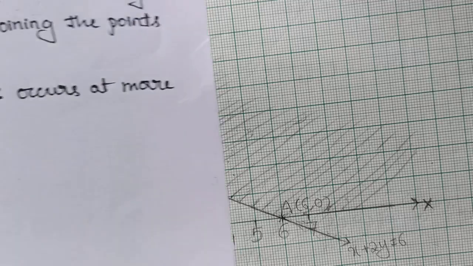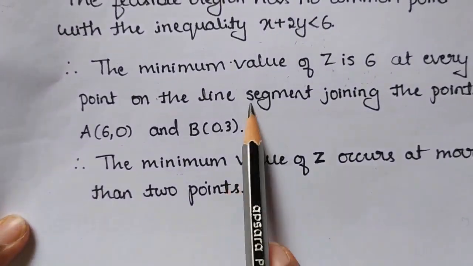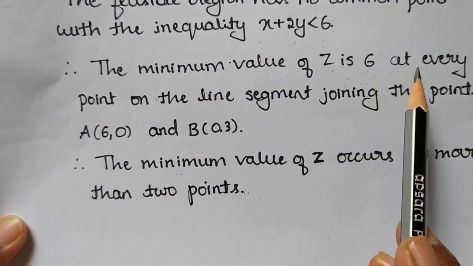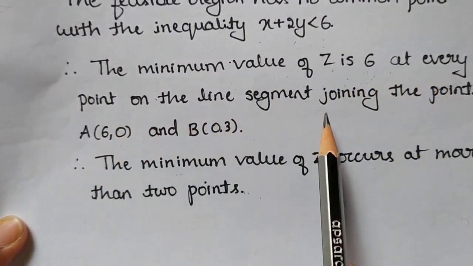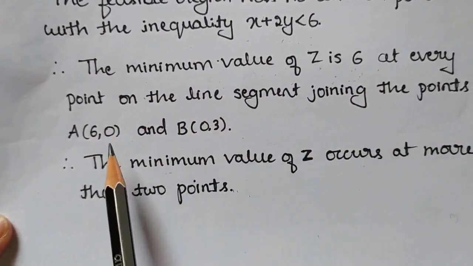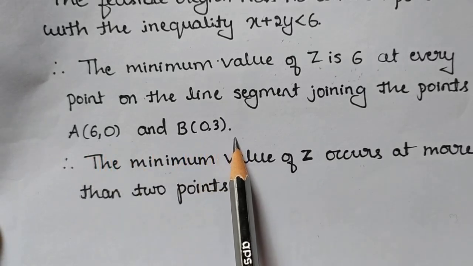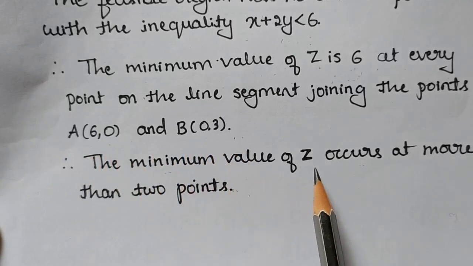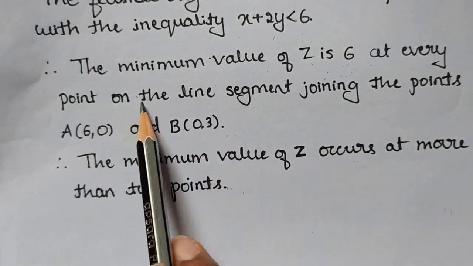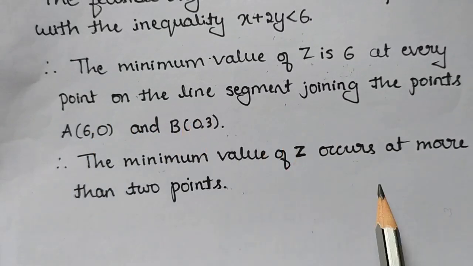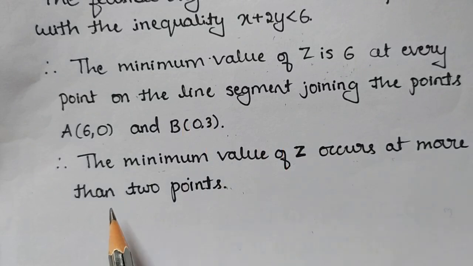So we write the minimum value of z is 6 at every point on the line segment joining those corner points A(6, 0) and B(0, 3). Therefore, the minimum value of z occurs at every point on the line segment, which means it occurs at more than 2 points. This is the solution.